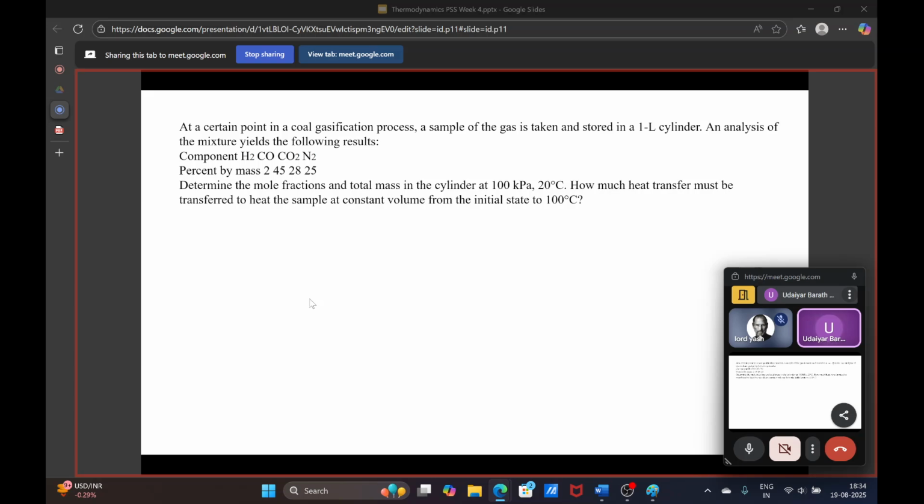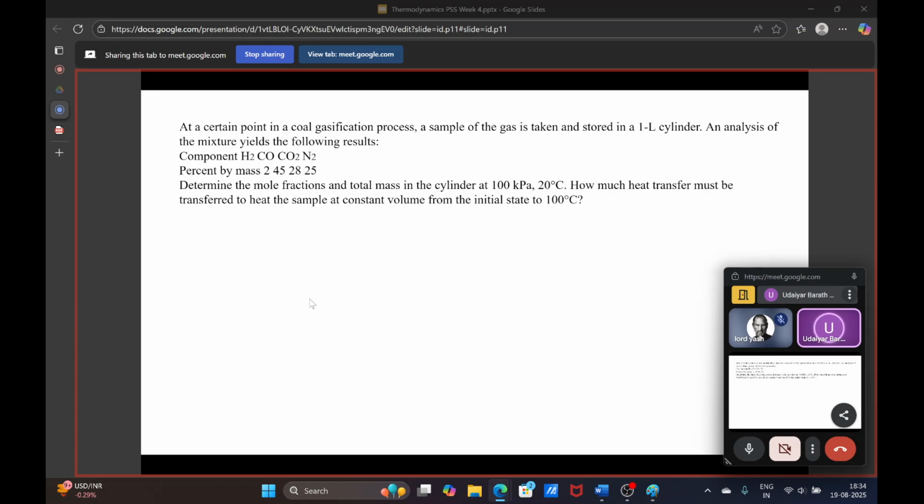Moving on to the next question. At a certain point in a coal gasification process, a sample of the gas is taken and stored in a 1 liter cylinder, and analysis of the mixture yields the following results. Components are hydrogen, carbon monoxide, carbon dioxide, and nitrogen.